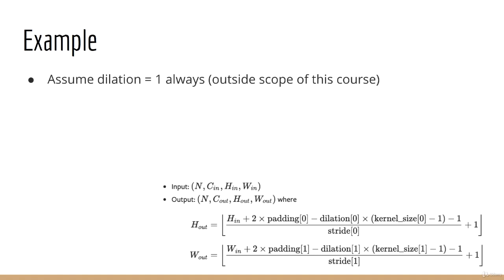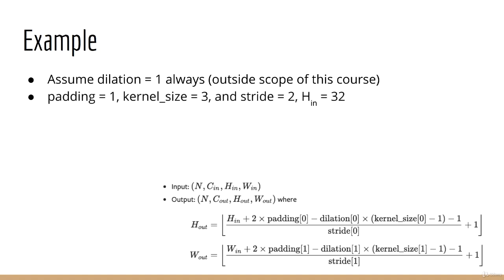Firstly, the concept of dilation is outside the scope of this course, and we will use the default value of 1. Next, let's assume we have padding equals 1, kernel size equals 3, and stride equals 2. Let's set h in to 32, which is common for deep learning image datasets.